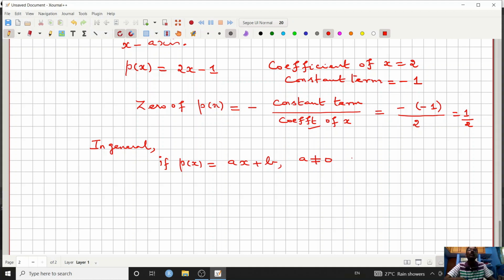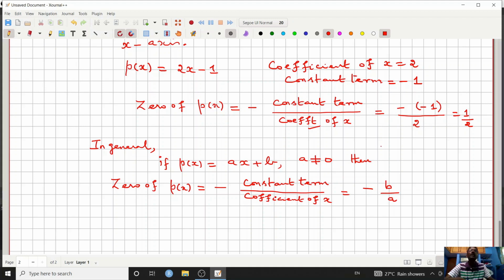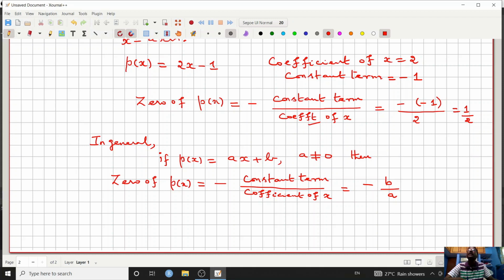So if a is not equal to 0, then the zero of p of x is equal to minus the constant term divided by the coefficient of x. How do we get this formula? That we will explain here.